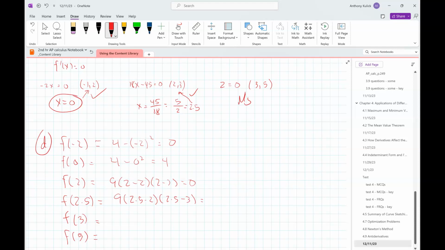What's that going to be? Nine over 4. So again, what's the easy way to do that? That's a half times a half times 9. So half times a half is a fourth. 9 times a fourth is 9/4.